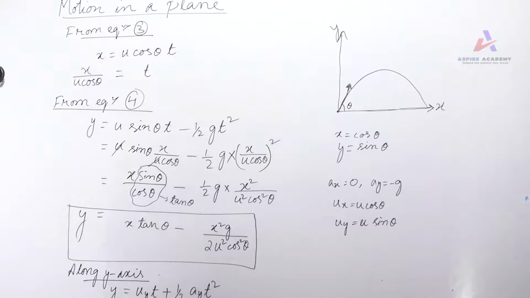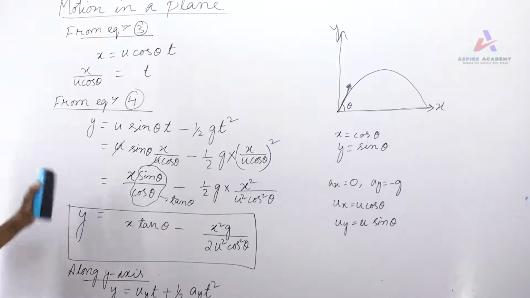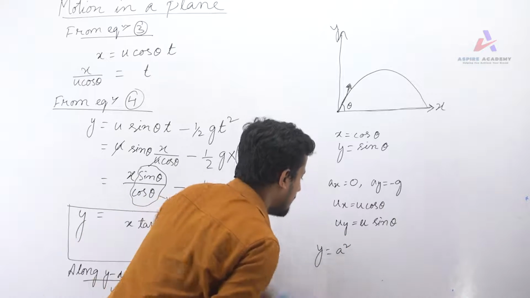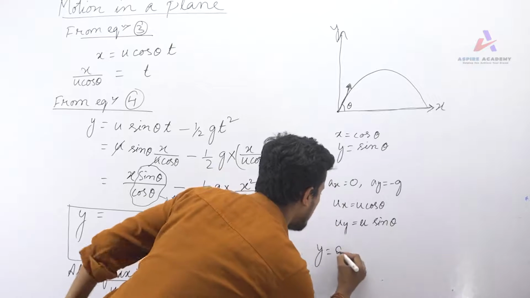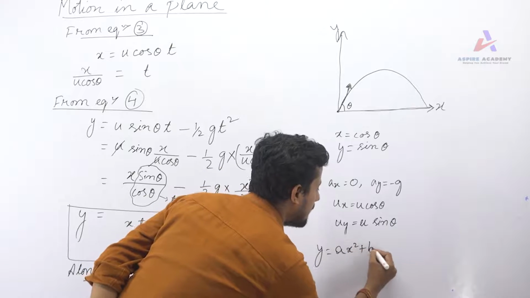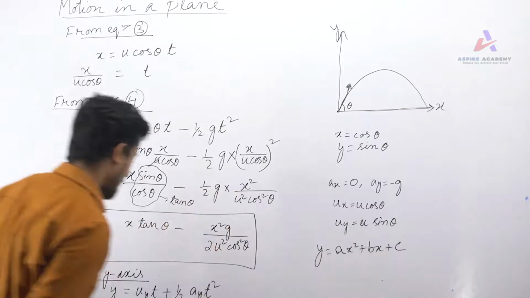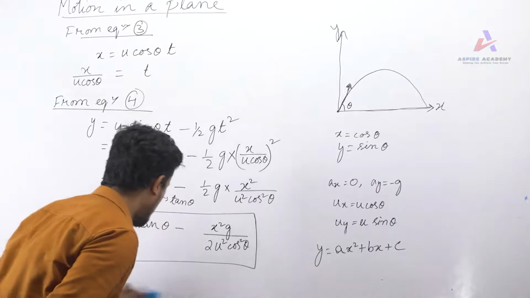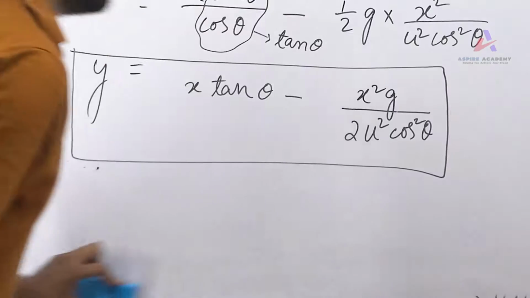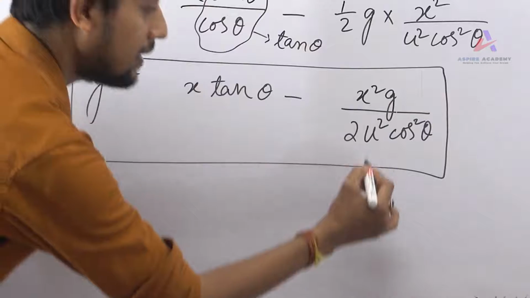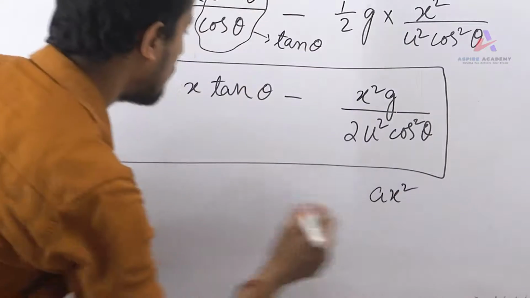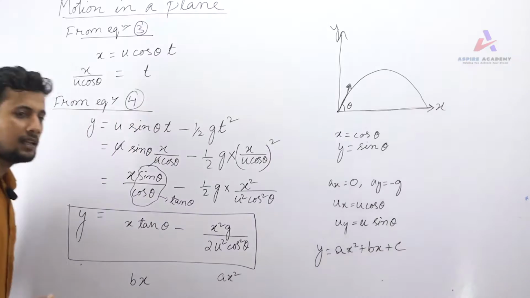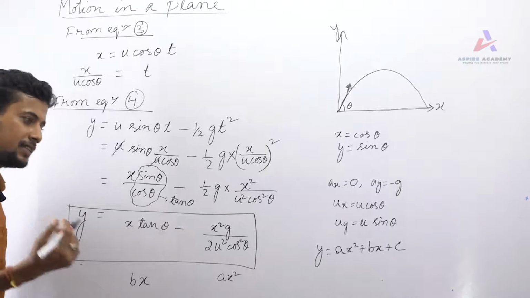Now if you ask me, but sir, it doesn't satisfy the equation y equals ax square plus bx plus c, I'll tell you how it satisfies. We have x square here, ax square, we have x here, bx. Now you'll ask me, where is c? Since c is a constant, c can be 0 also.